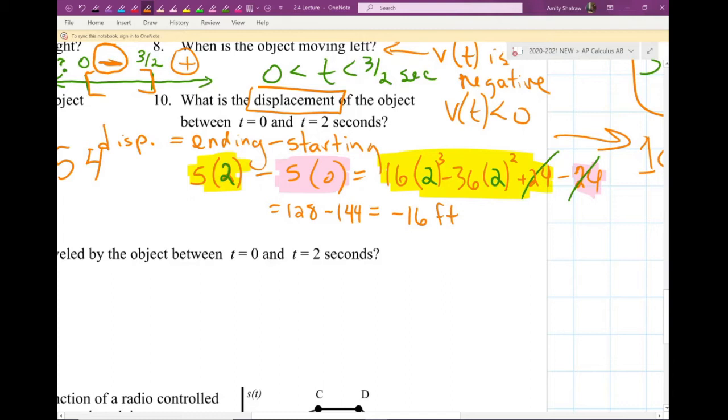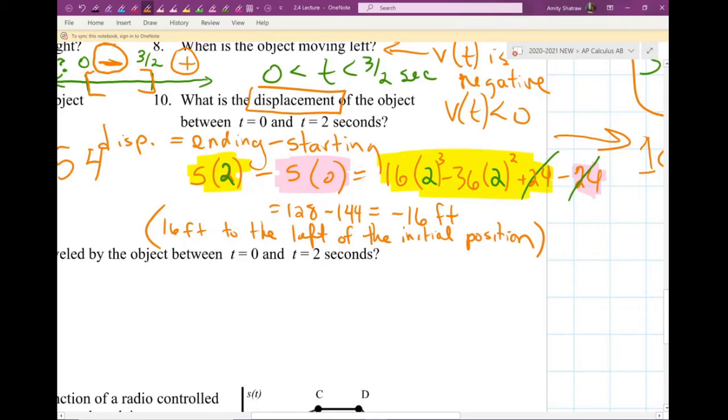So that is how much it moved. And you might want to write this sentence down just to be able to envision this displacement again, okay? Remember, 16 feet to the left of the initial position is where we are going to end up. That's what that means.